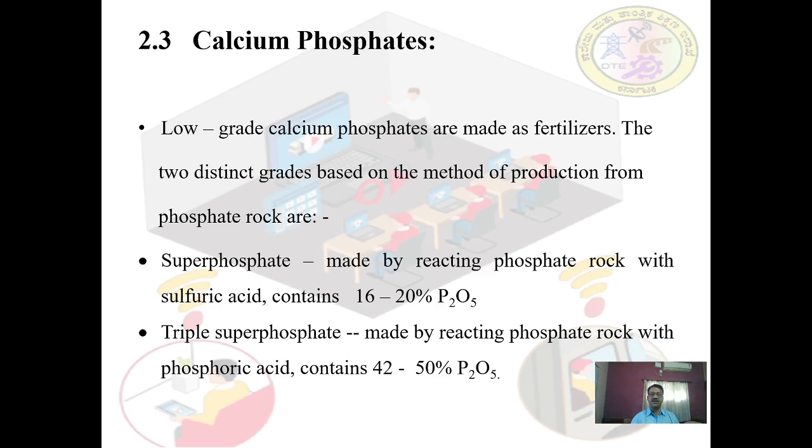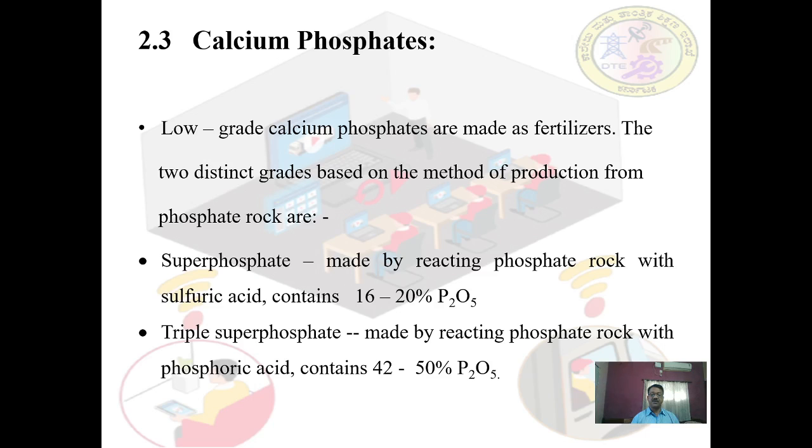The two distinct grades, based on the method of production from phosphate rock, are: number one, superphosphate, made by reacting phosphate rock with sulfuric acid, which contains 16 to 20% phosphorus pentoxide. The other one, triple superphosphate, is made by reacting phosphate rock with phosphoric acid, and it gives a product which contains 42 to 50% phosphorus pentoxide.